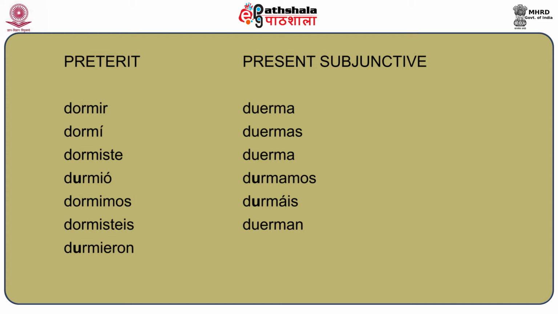The same changes occur in the nosotros and vosotros forms of the subjunctive as well, and hence we have the conjugation for the verb dormir as the following: yo duerma, tú duermas, él, ella, usted duerma, nosotros durmamos, vosotros durmáis, ellos, ellas, ustedes duerman.